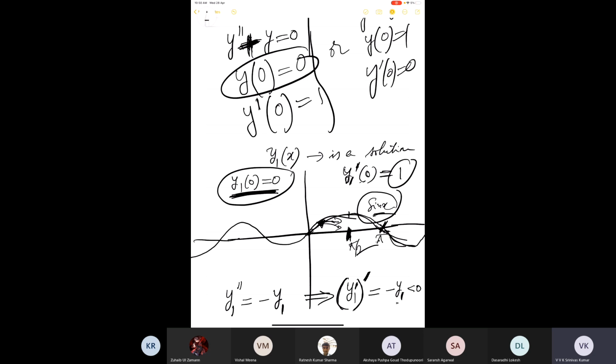And if you take the other initial data, you will get cosine x. So without actually knowing the solution, we can study the behavior of the solution. That is why it is called qualitative theory. So all this is in detail given in the notes. Please go through. And are we connected?